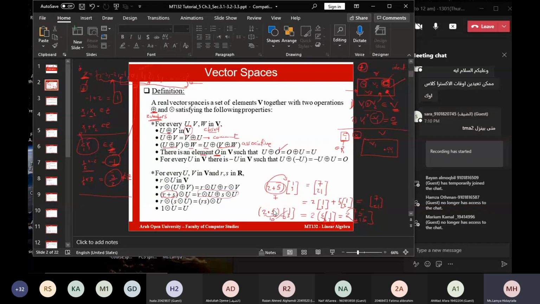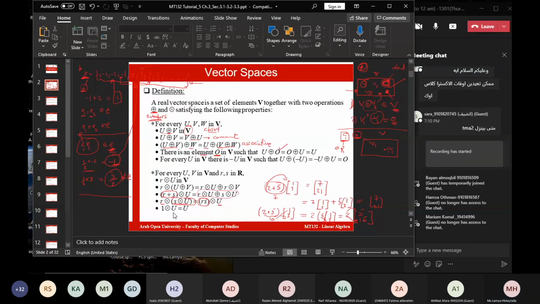So either I start by multiplying the scalars and then multiply times the vector U, or else one of them times U, then the resultant you multiply times R. Definitely.